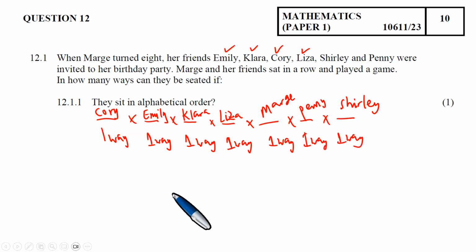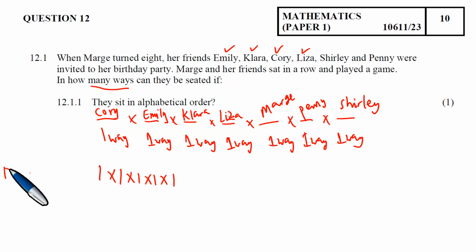So which means, in how many ways? It's 1 times 1 times 1 times 1 times 1. So this is the number of ways.